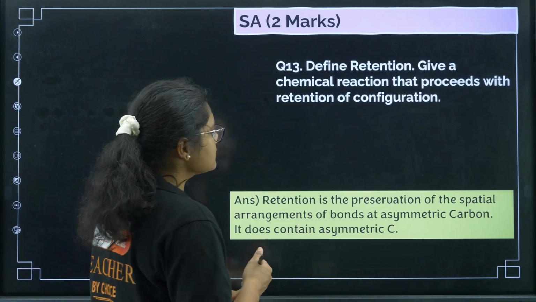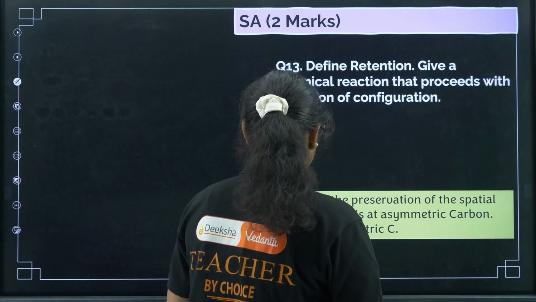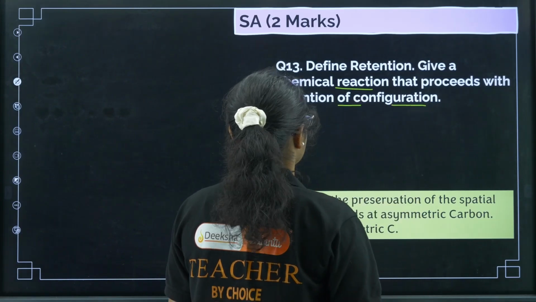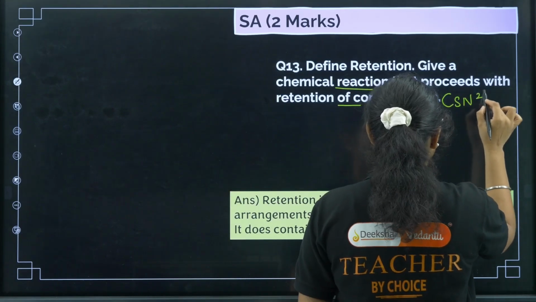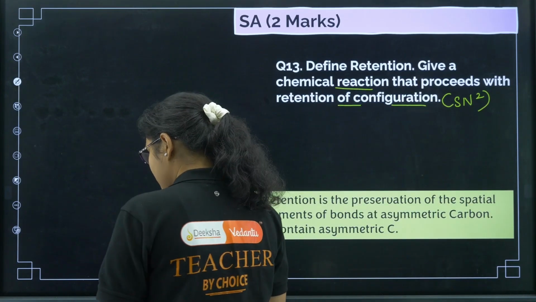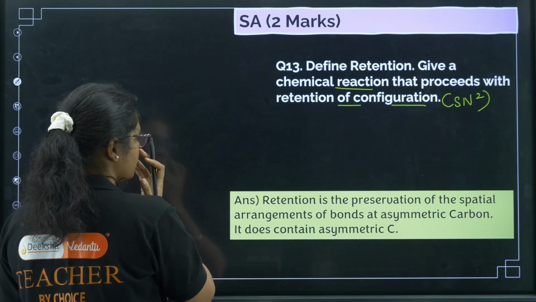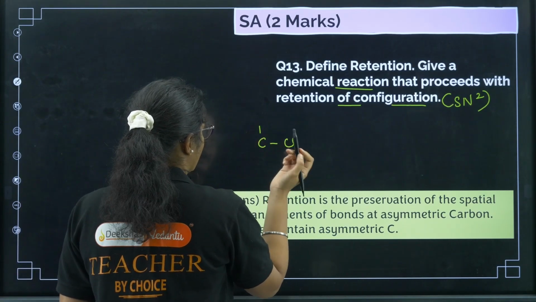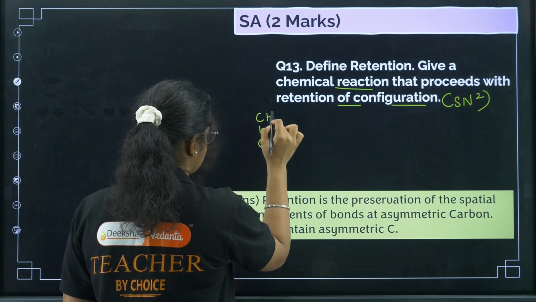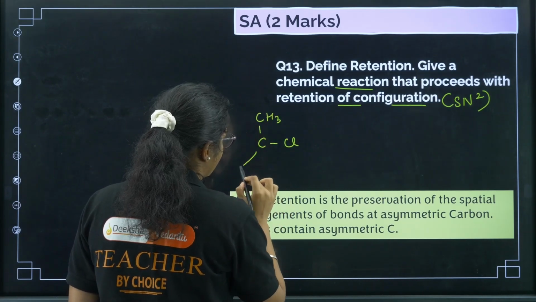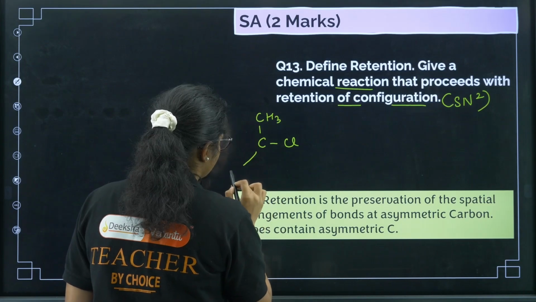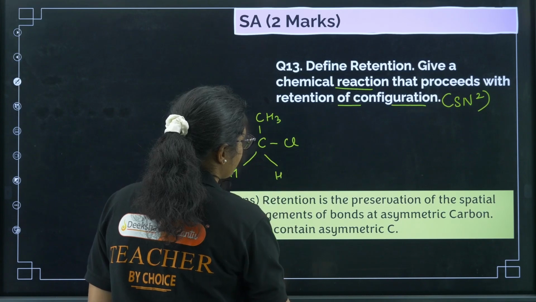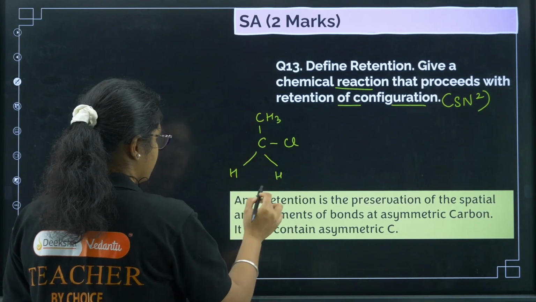Okay, now we can write a given chemical reaction that proceeds with the retention of configuration. So for this one you need to write any SN2 mechanism. Okay, and if you remember we have SN2 mechanism, we can do any SN2 mechanism like this. Suppose I have chlorine, and I have here this side CH3, and I have here H, and here I have suppose 1 more H, or we can make it CH3.